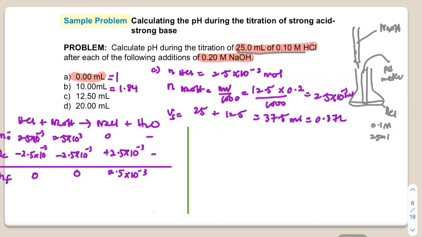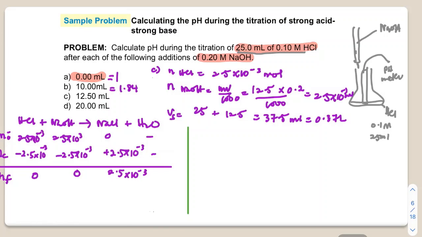So we have to remember that at the equivalent point of any reaction, either strong acid, strong base, weak acid, strong base, or strong acid, weak base, only salt is present. Okay, no more acid or base, only salt is present at the equivalent point.